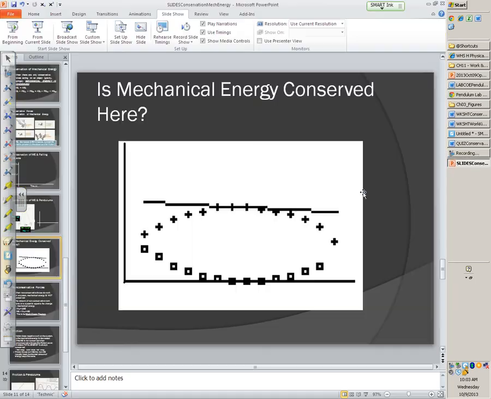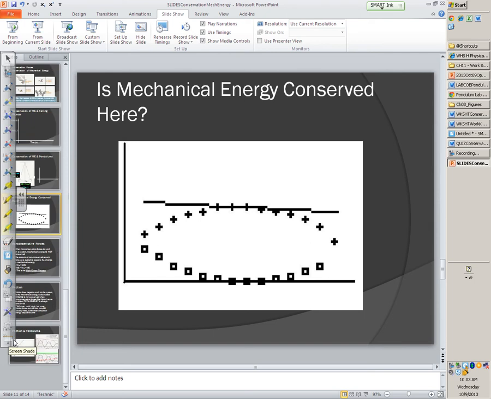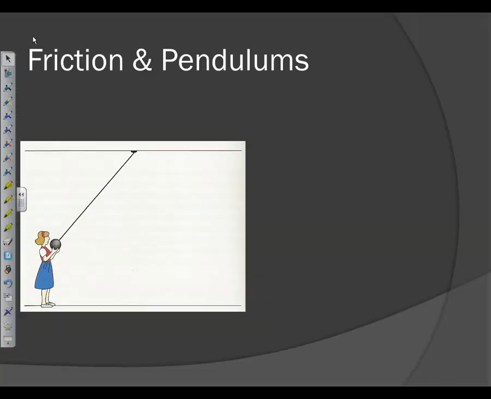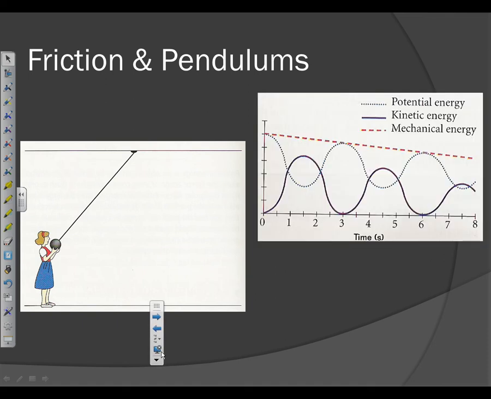On your outline, you have a picture, or 3 pictures, of this girl. Okay? So this girl does the same demonstration that the nose basher did, right? Here's a picture that shows the kinetic energy and the potential energy and the total amount of mechanical energy of this pendulum as it swings back and forth.